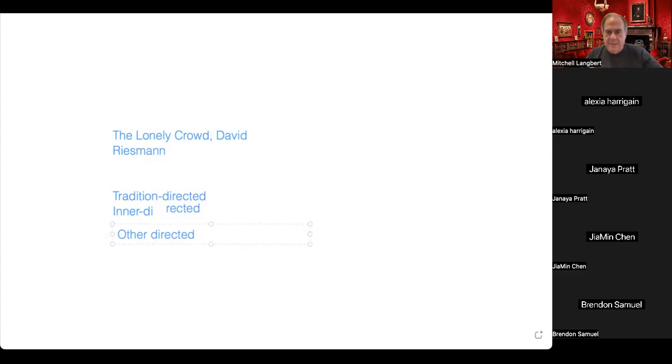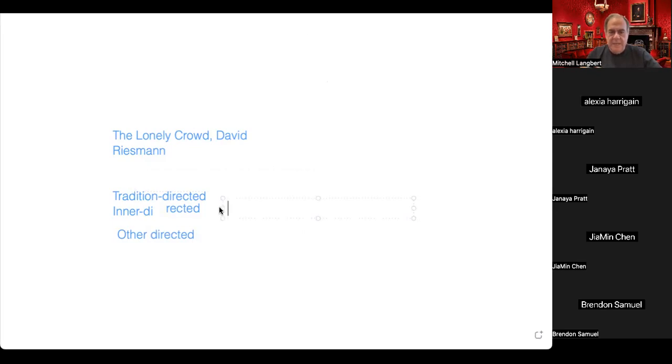And basically, this very hierarchical model characteristic of medieval cultures is highly tradition oriented. The British still have it to a degree. They still have the monarchy. I've spoken to people who taught at Oxford, and they told me that there's all kinds of traditions. They wear the uniforms and stuff like that. So this idea of tradition directed is that people follow the traditions, or the tribe follows the tradition.